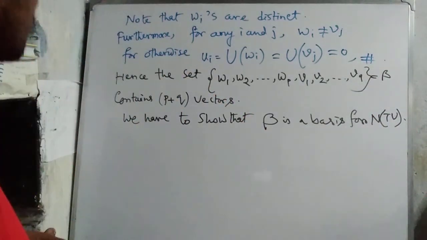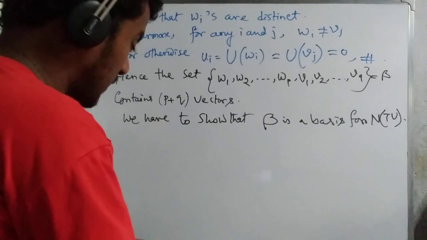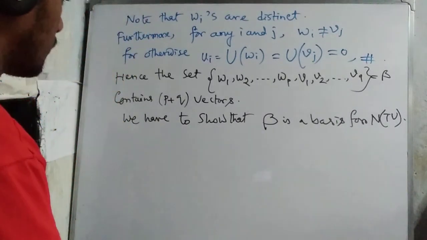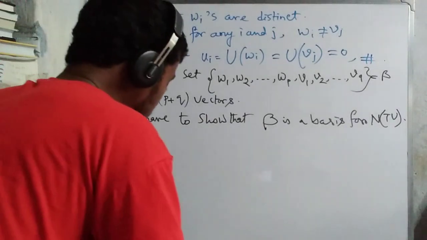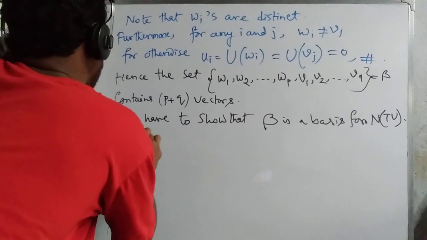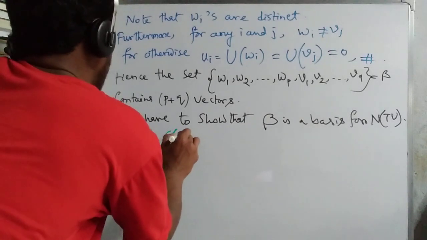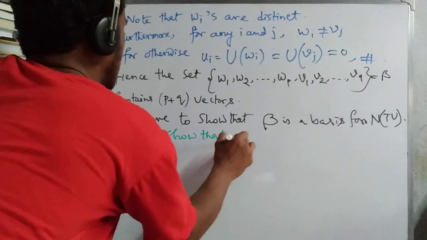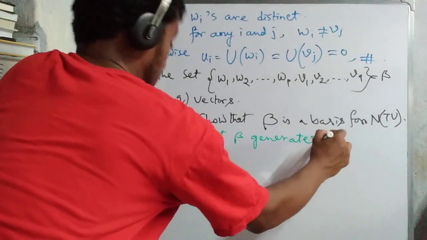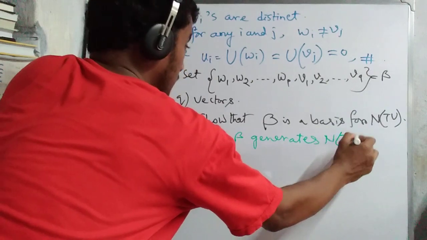Understood? If we show this, then our proof is done. So we start to show this. We first show that beta generates N(TU). Understood?